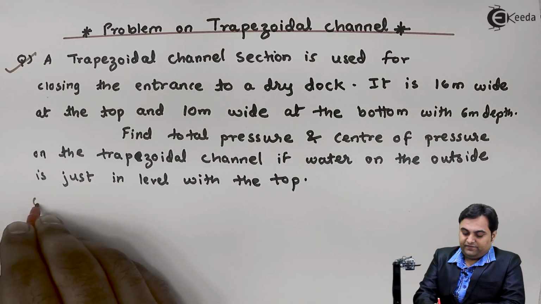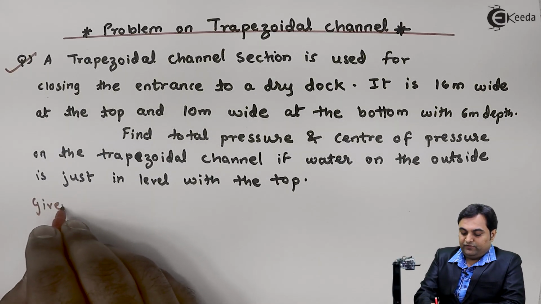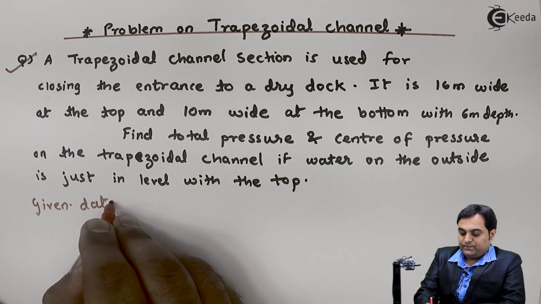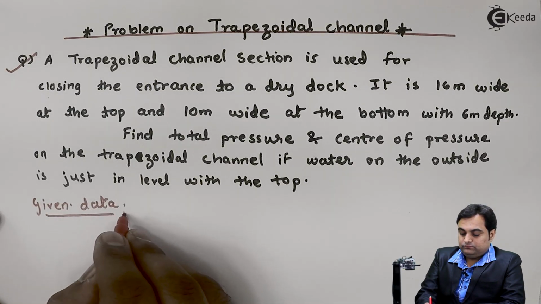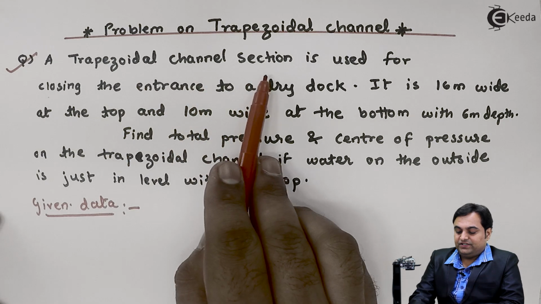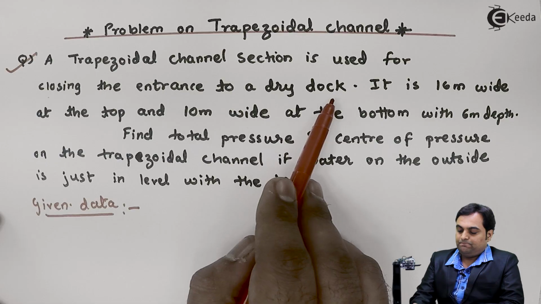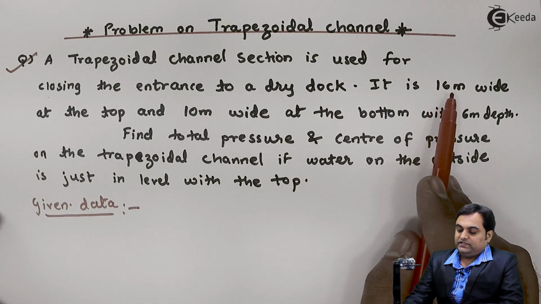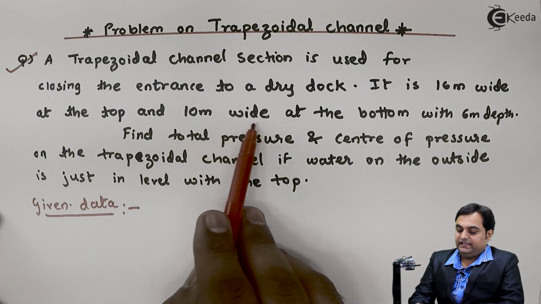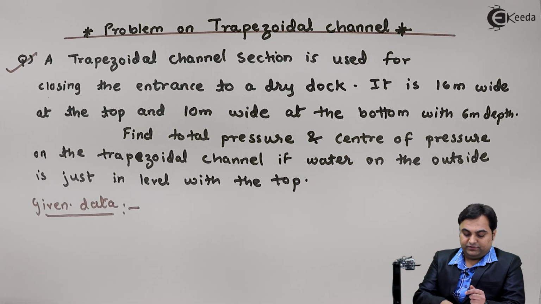So here, in terms of given data, a trapezoidal channel section is there and it is used for closing the entrance to a dry dock. It's 16 meter wide at the top and 10 meter wide at the bottom. So I'll draw the trapezoidal section.